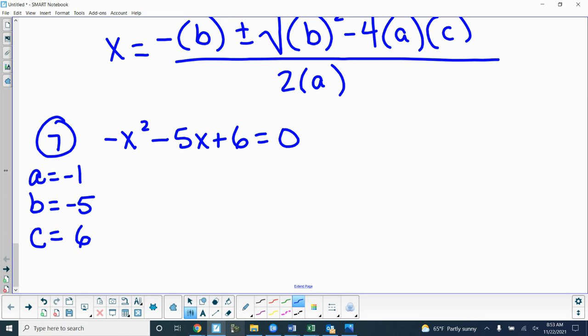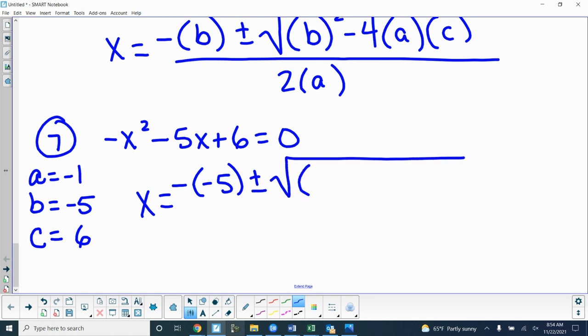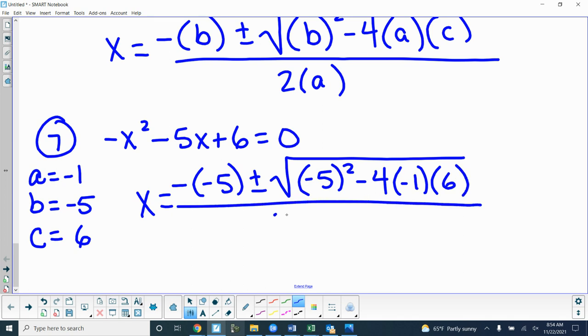All right, so x equals negative b plus or minus the square root of b squared minus 4 times a times c, over 2 times a. Any questions on substituting in?